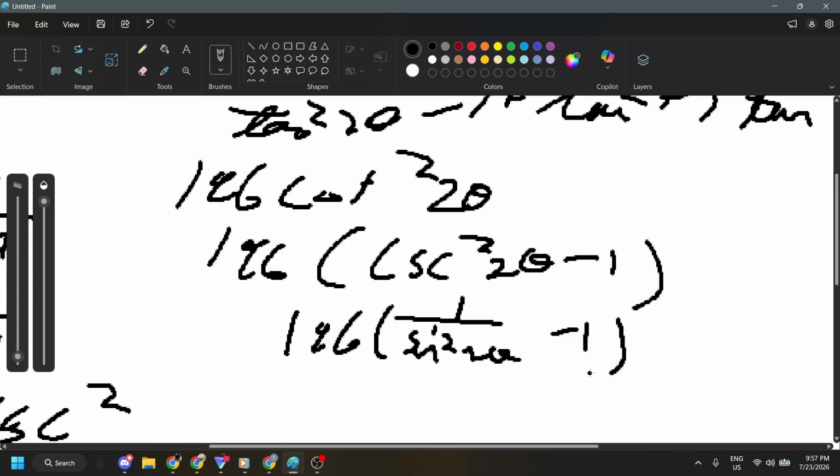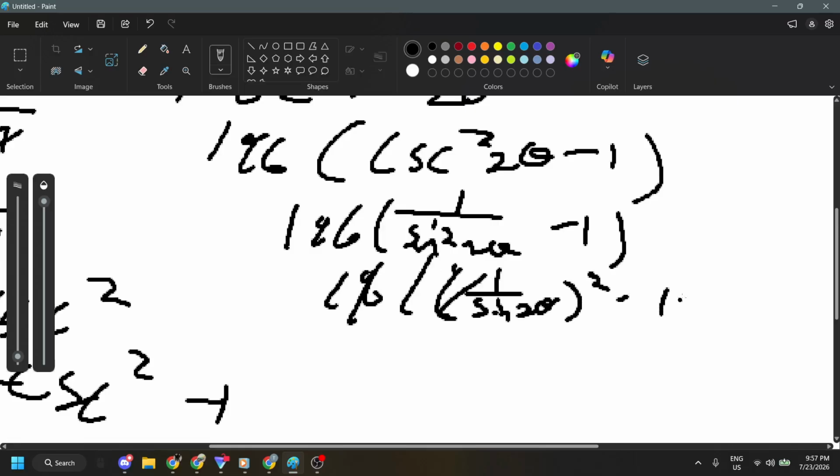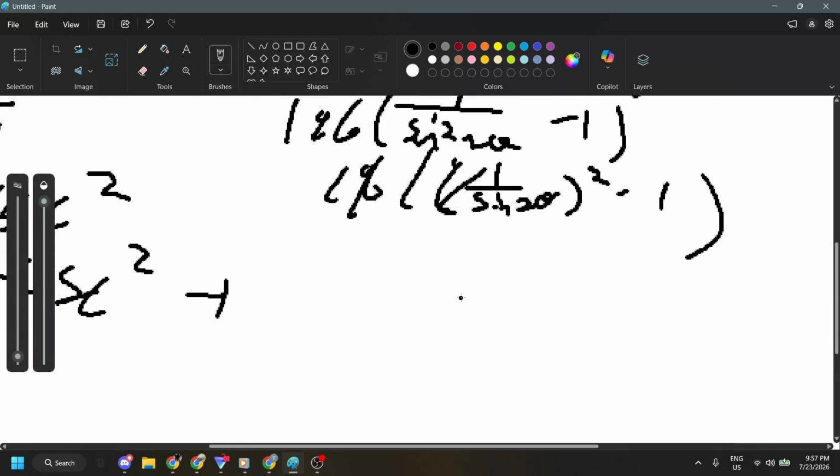It's the same thing as 196 times 1 over sine of 2 theta squared minus 1. Sine of 2 theta, by the sine angle addition, is sine A cosine B plus cosine A sine B. So that's going to be sine A cosine A plus sine A cosine A. So 2 sine cosine.